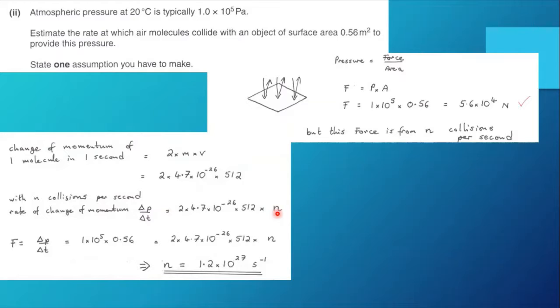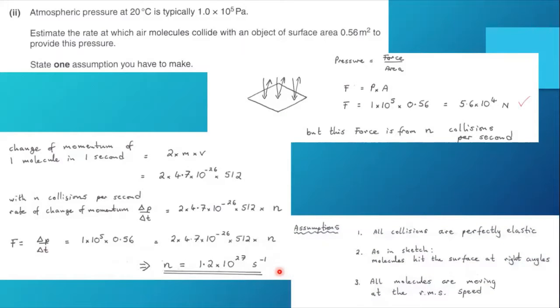That's all. Now, that force is the rate of change of momentum. We know what that force is, and that equals this value, which is the rate of change of momentum. So we can use this equation here, and we can quickly work out what n is, and that's a pretty large number of collisions per second.